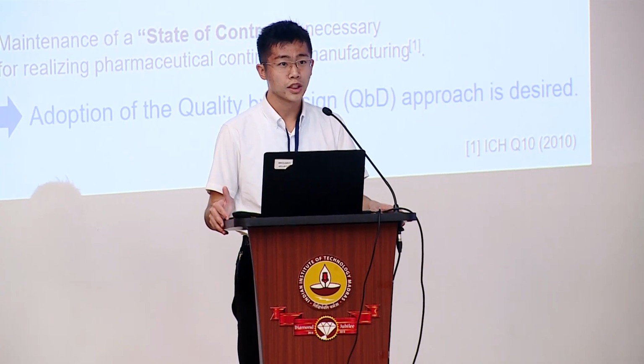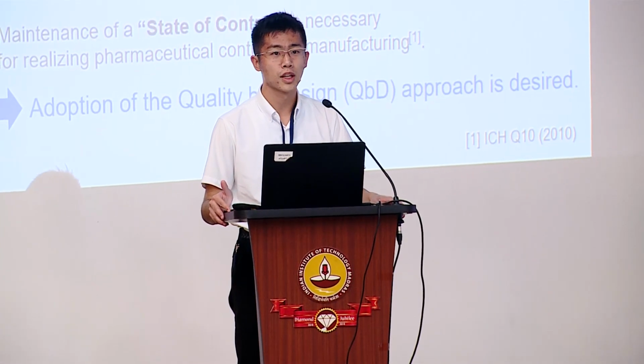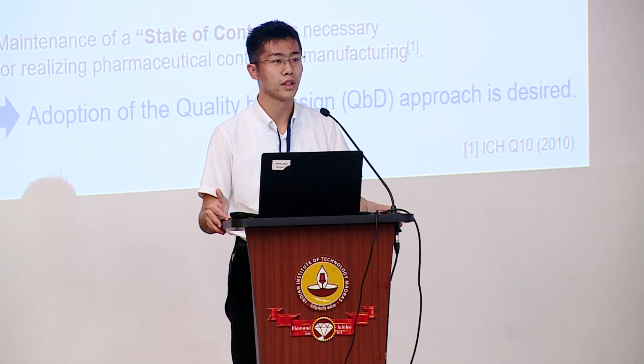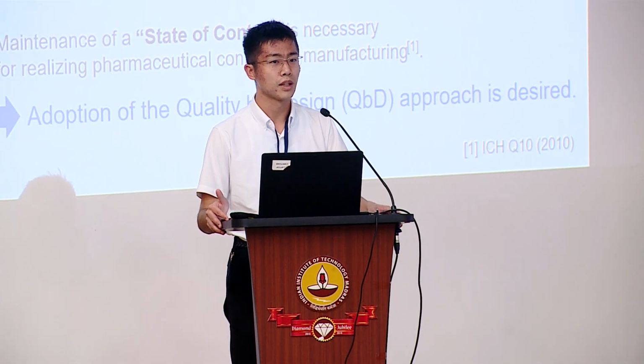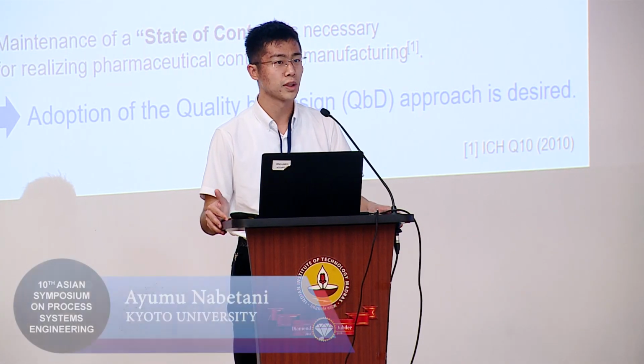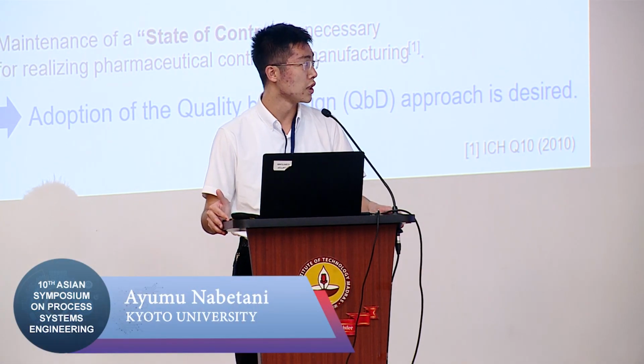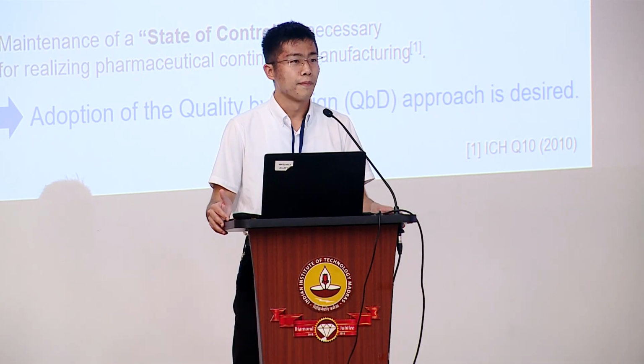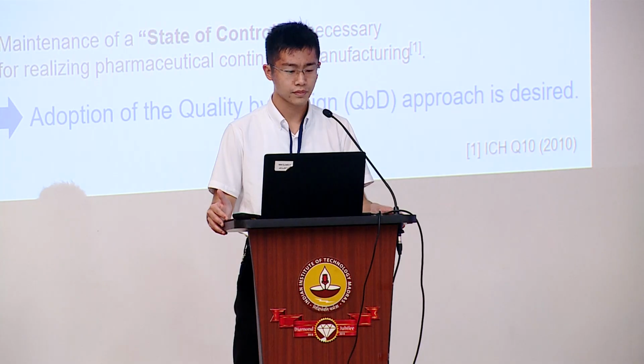In the pharmaceutical industry, continuous manufacturing has been attracting attention in recent years as a means of reducing costs and improving the quality of the final product. Examples of applications include solid dosage form manufacturing processes, which consist of granulation, mixing, and tableting.